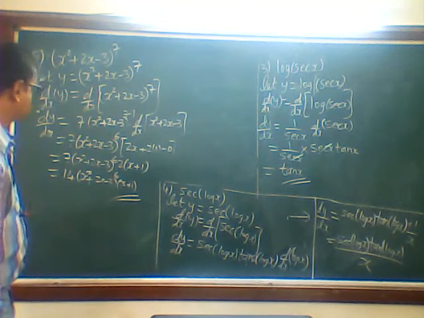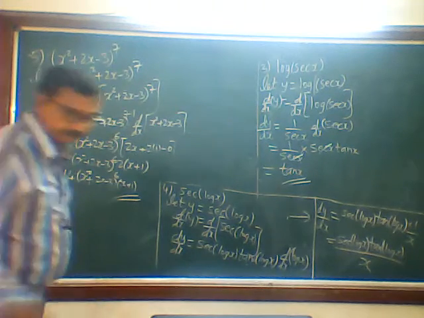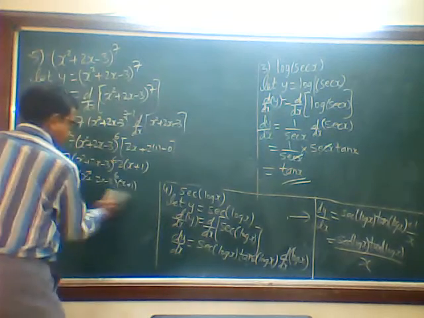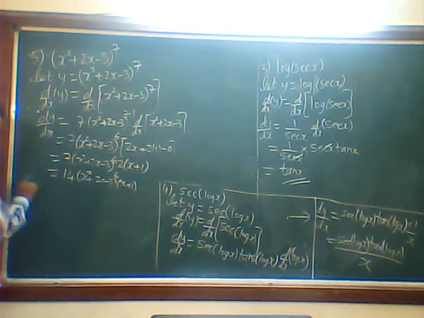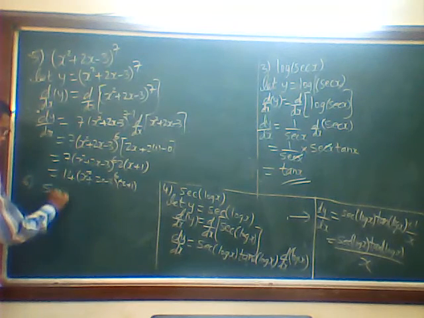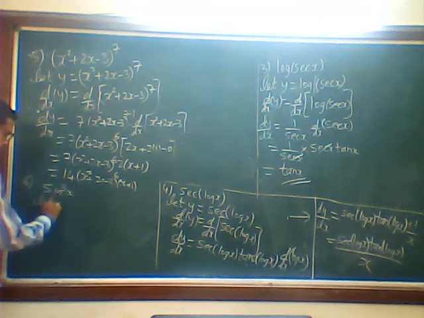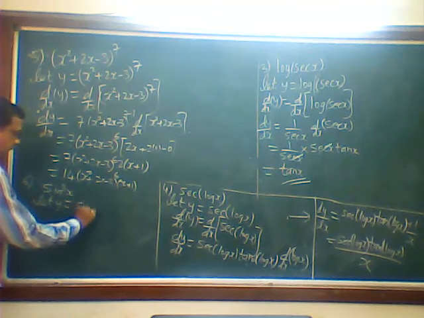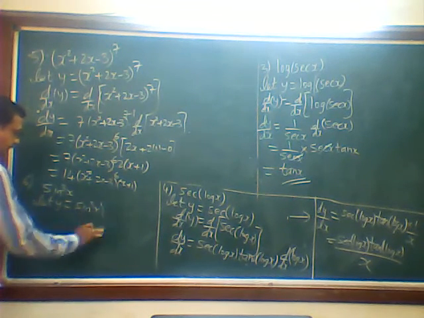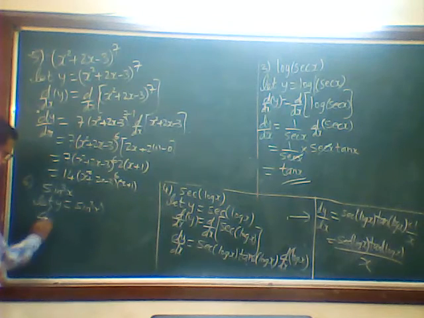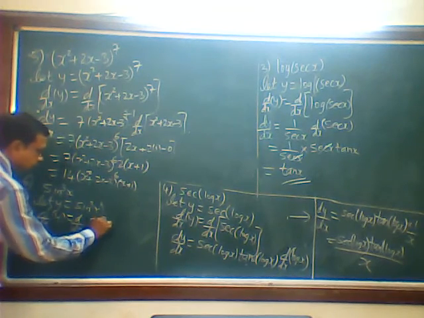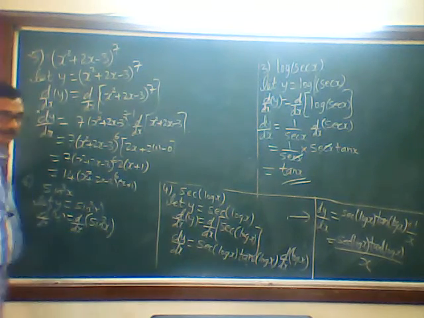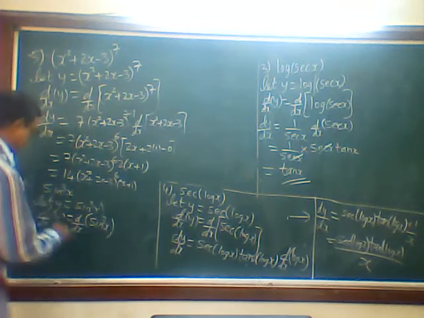Next one, 6th one, sin cube x. Again, let y is equal to sin cube x. Okay, so d by dx on both the sides.